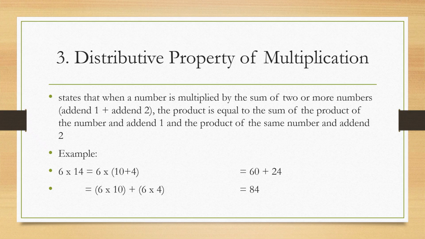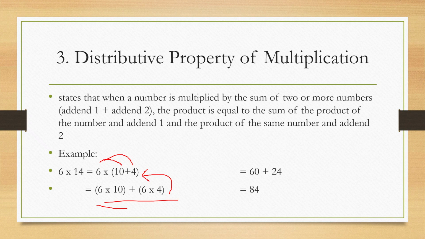So you still have to bring down or copy 6, and I'll show you how it's being done separately. For example, 6 times 10 plus 6 times 4. Again, this is taken from this one.